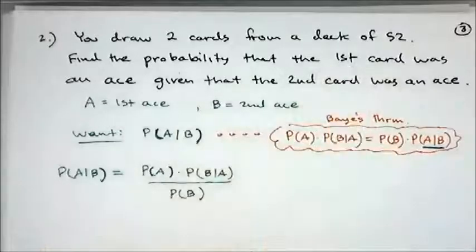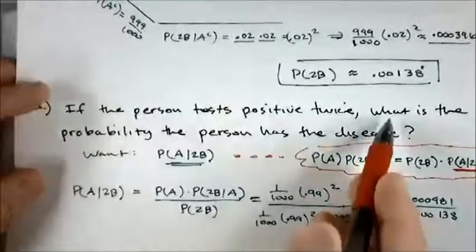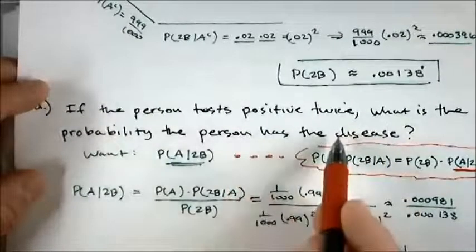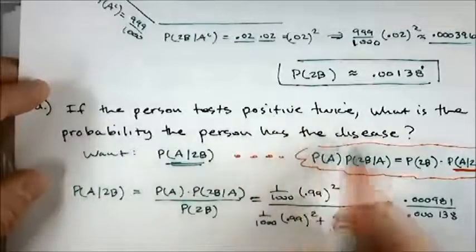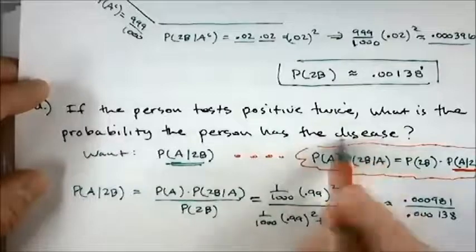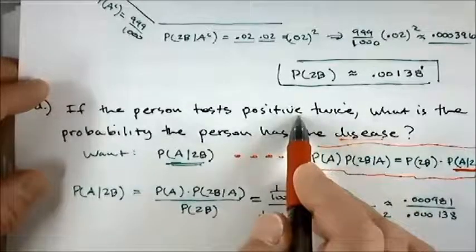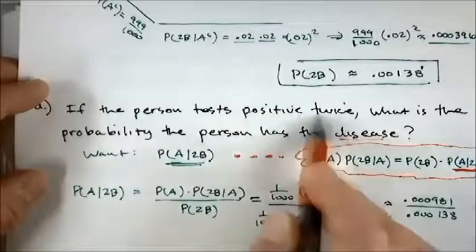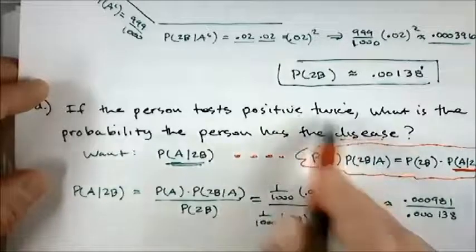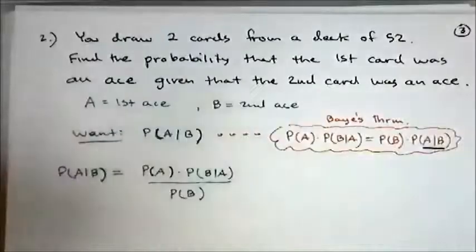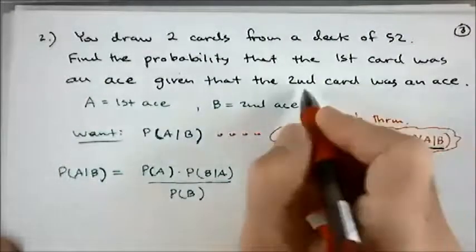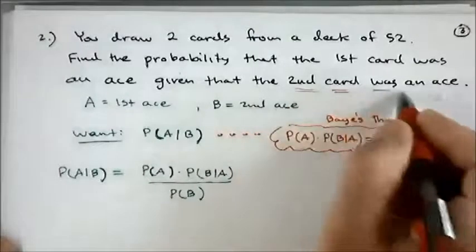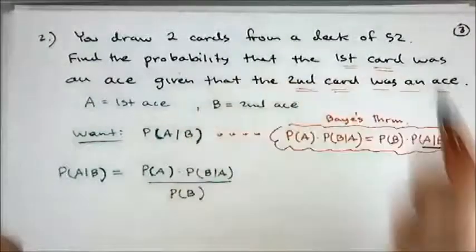In the one we just did, we were trying to figure out the probability the person has the disease after we know they've tested positive twice. They would have had the disease or not before, and then they took the test and got positive tests. So we're trying to go back and figure out the probability they have the disease. That's the way I like to think of these: when you're trying to find the probability of something that happened earlier, given that my second card was an ace.